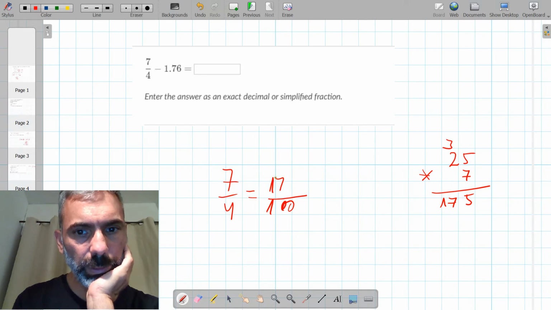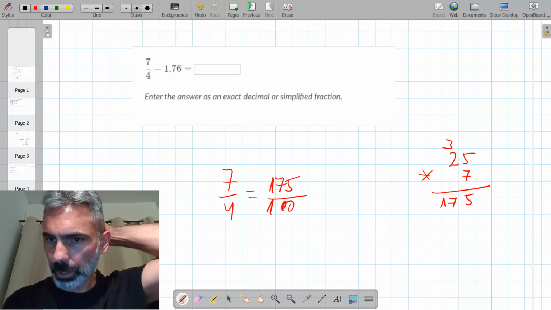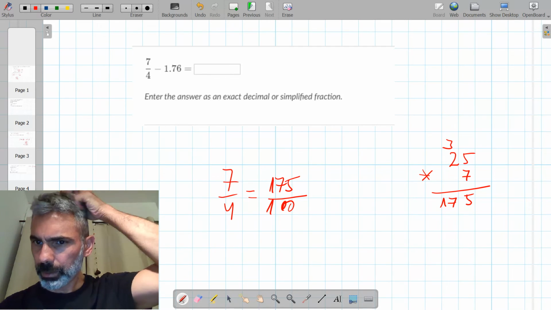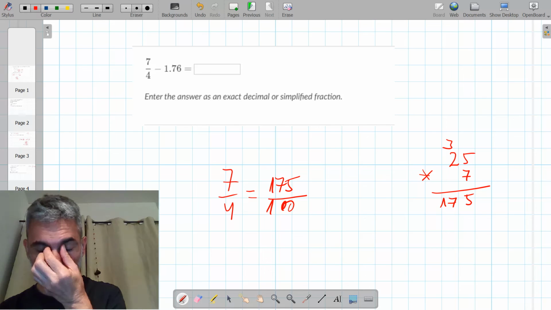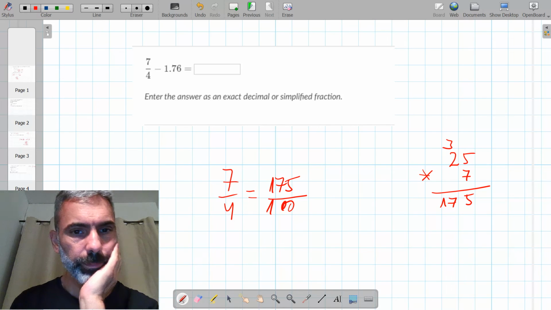So this is 175 over 100, correct? 35 plus 140, right.